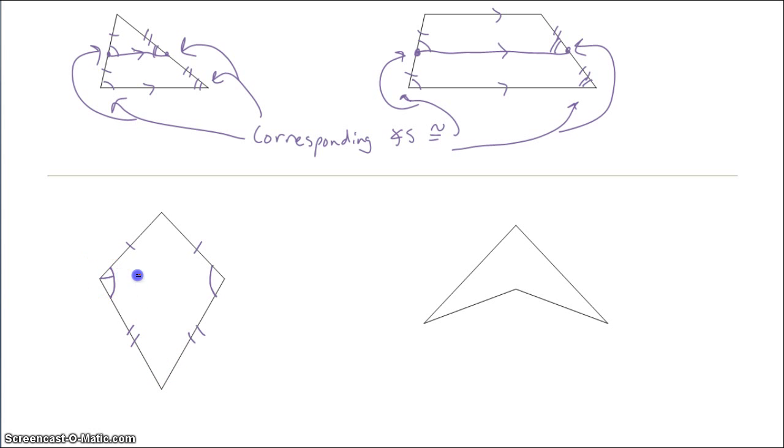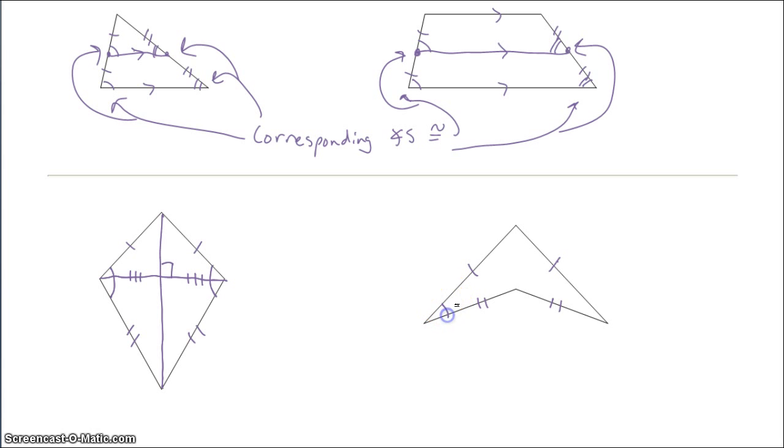We also know that in a kite, the diagonals have to be perpendicular, and one of the diagonals has to be bisected. Now those same rules apply to a concave kite. We have consecutive sides that are congruent.